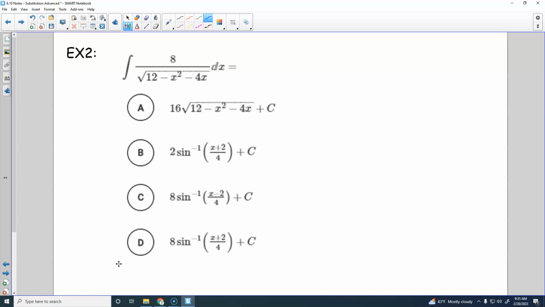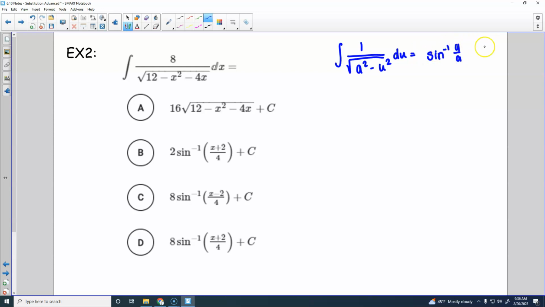So our rule for sine is 1 over the square root of a squared minus u squared du equals arc sine, or sine inverse, of u over a.